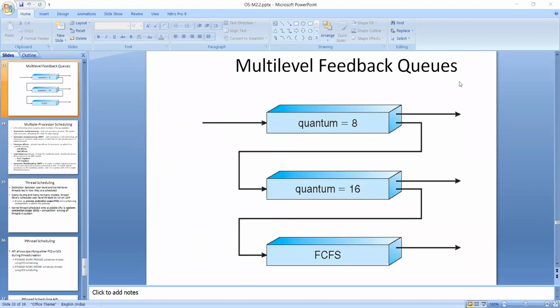You can see here, this is the multi-level feedback queue. First, once a job enters Q0, the jobs are allocated to the CPU using first come first serve. Once the CPU is allocated, it will be executed using round robin fashion with a time quantum of 8 milliseconds.